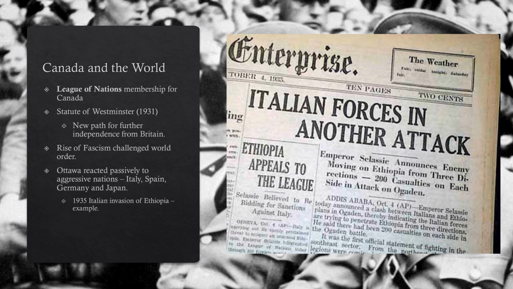In fact, the Canadian representative on the League of Nations had suggested that Canada adopt more forceful sanctions against Italy as a result, but Mackenzie King didn't want to upset the apple cart and vetoed that decision. For the most part, as the world teetered closer and closer to war by the end of the 1930s, Canada found itself not at all militarily prepared for what was to come.